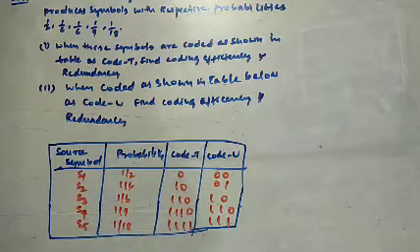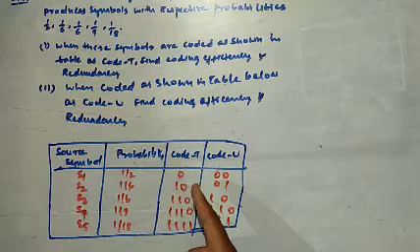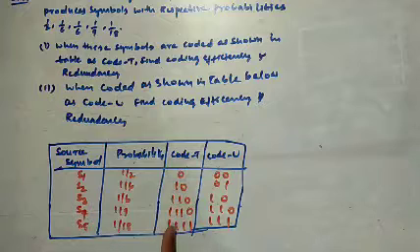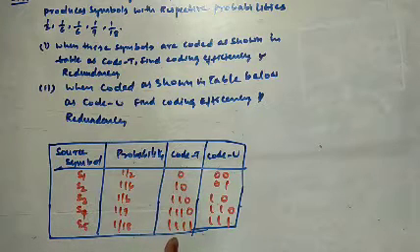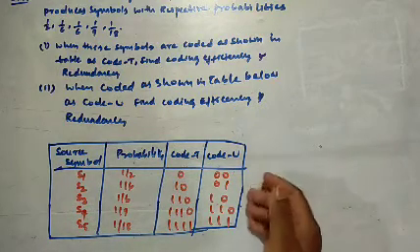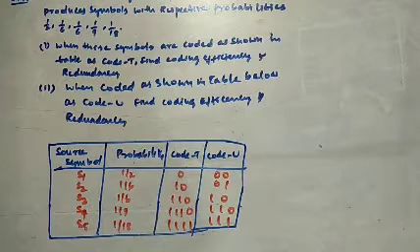And code T is, for S1 it is encoded as 0, S2 is 10, S3 is 110, S4 is 1110 and S5 is all 1s. This is the style of code T, and code U is as shown over here. In both cases we have to find the coding efficiency.